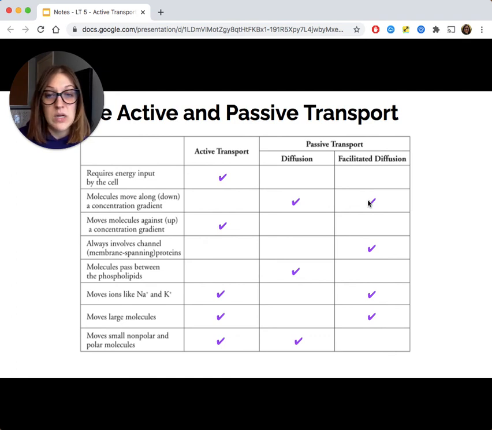So we're still moving molecules down the gradient. It always involves channel membrane spanning proteins. What that means is those transmembrane proteins that go all the way across that cell membrane. And because these are ions that have a charge, they can be moved using that protein channel in facilitated diffusion. And it can move larger molecules as well.